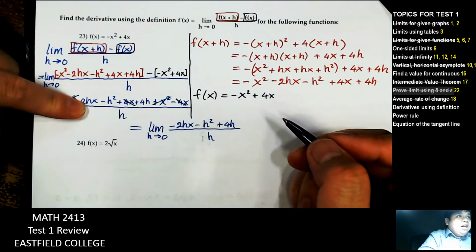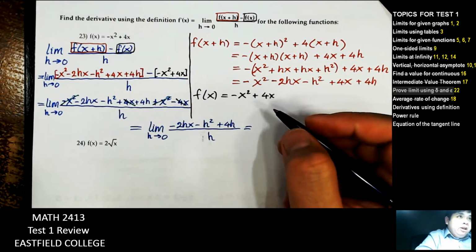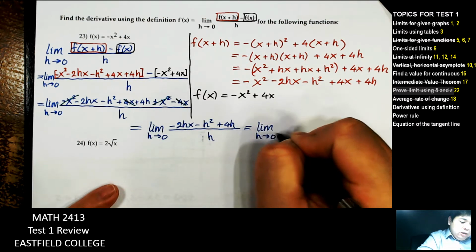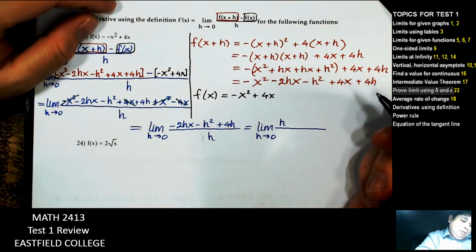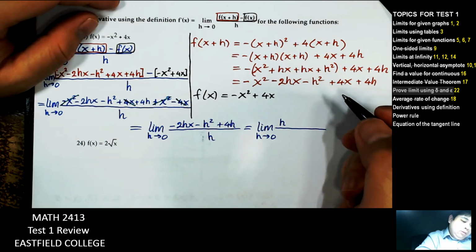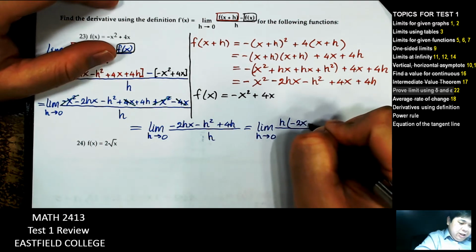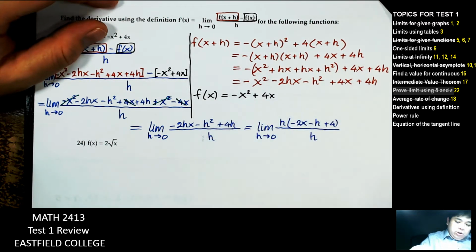So we have negative 2hx, negative h squared plus 4h over h. We cancel anything that doesn't have an h in it. Now all of them have h, so we can factor out just an h. Negative 2x, negative h plus 4 over h.